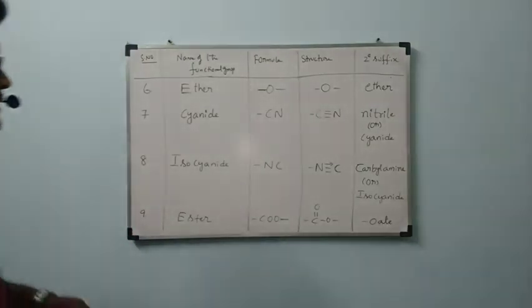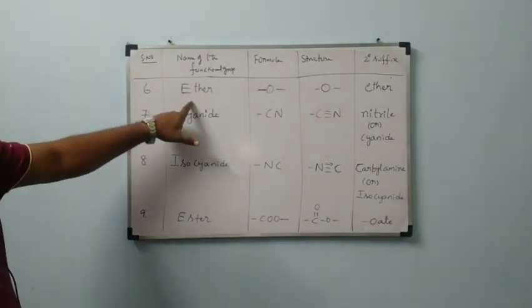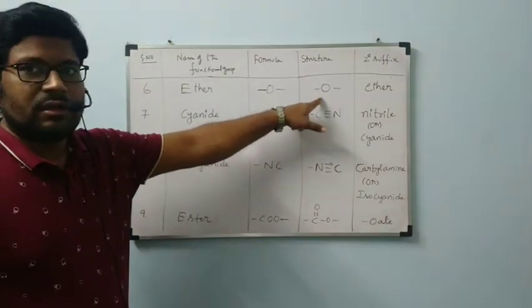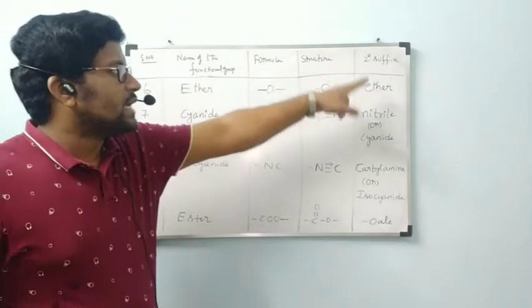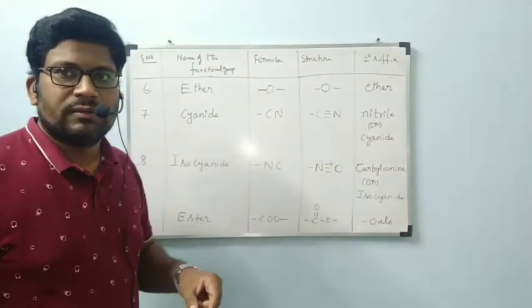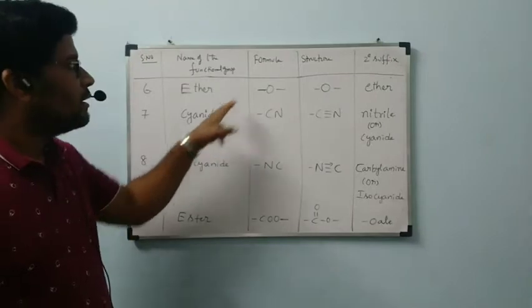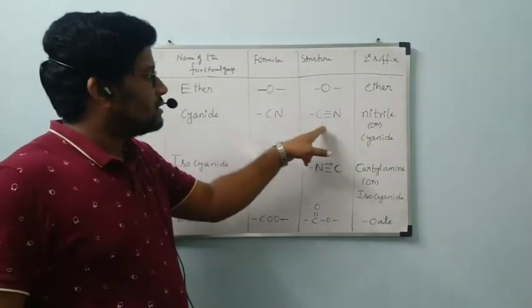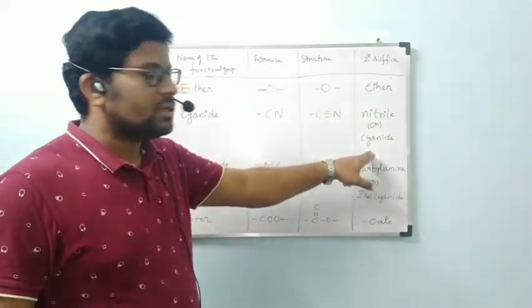Okay, see, once five are completed. Sixth one, ether. Formula like this we will represent. Left side and right side we have R groups. Secondary suffix: ether. Next, seventh one, cyanide. Formula CN. Structure C triple bond N. Secondary suffix nitrile or cyanide.